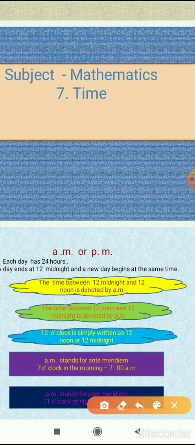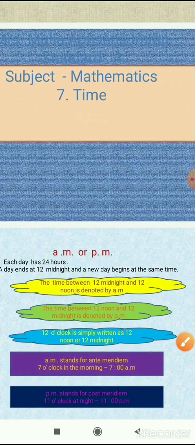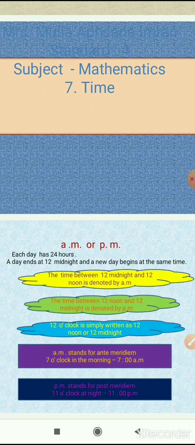If you ask anybody when their day starts and when their day ends, the answer is: when you get up, your day starts, and when you go to bed, your day ends. But students, actually we know that one day has 24 hours, and our day ends at 12 midnight.